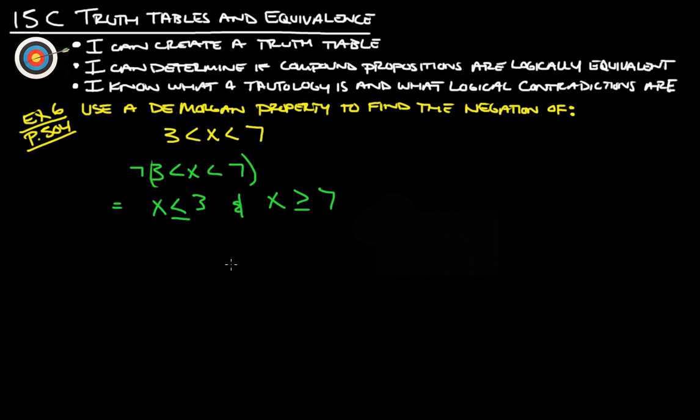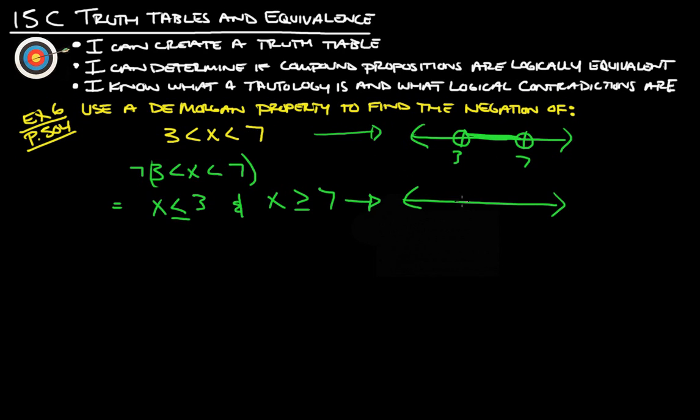So the original, if we're going to graph it on a number line, would look like this. We have 3 and 7. It's just less than, not equal to, and x is greater than 3 but less than 7. This here would then also have 3 and 7.